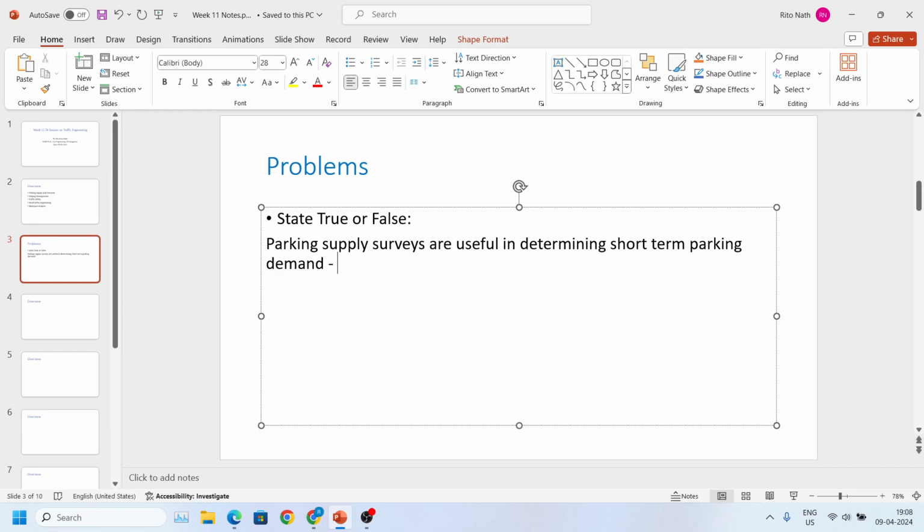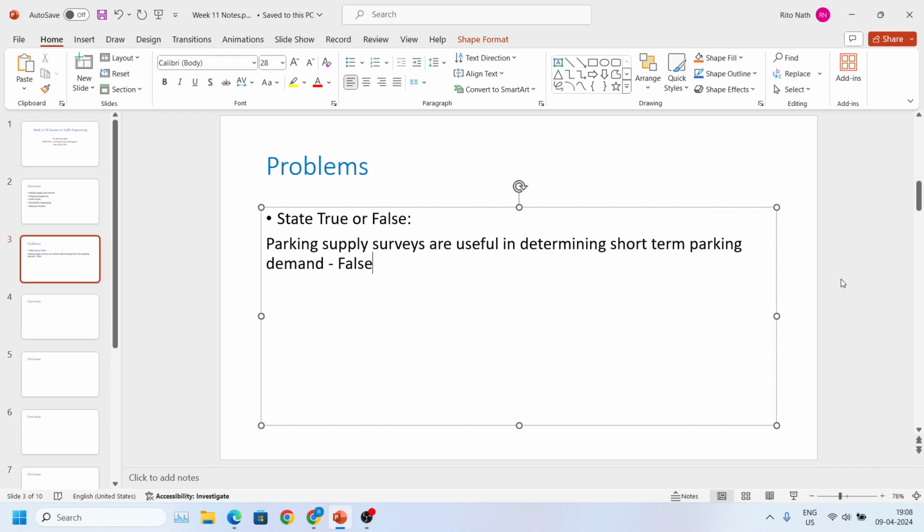The answer is straightforward. This should be false, because the thing that gives you the short-term or long-term parking demand is what is called a weak survey, not the supply surveys. So that's why it is false. This was straightforward.